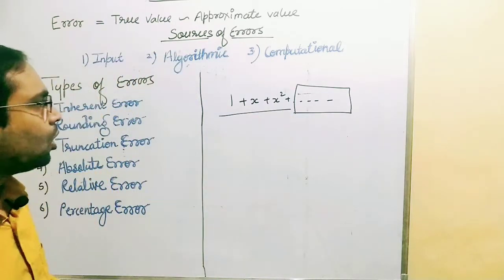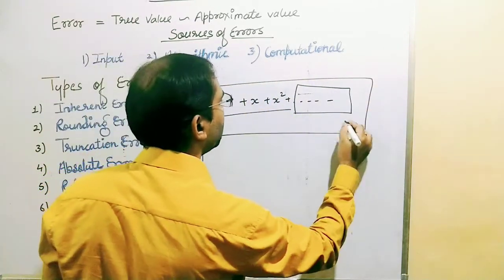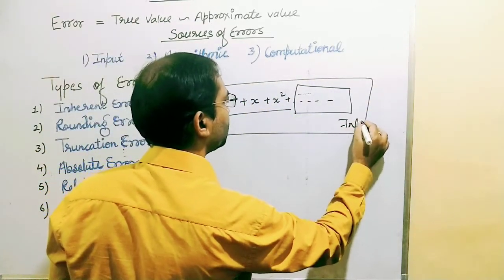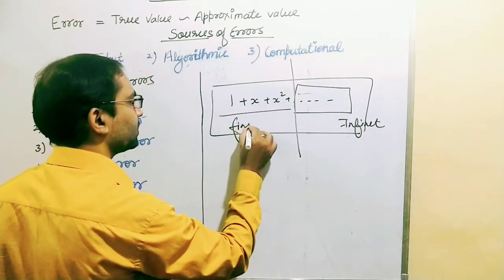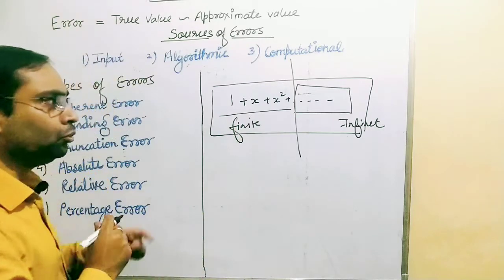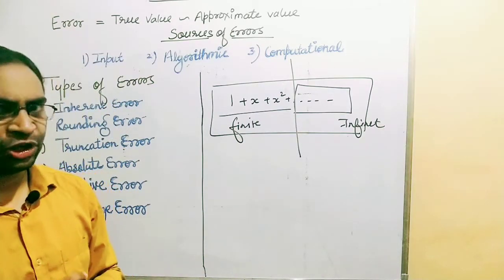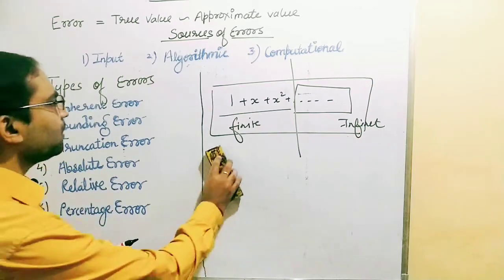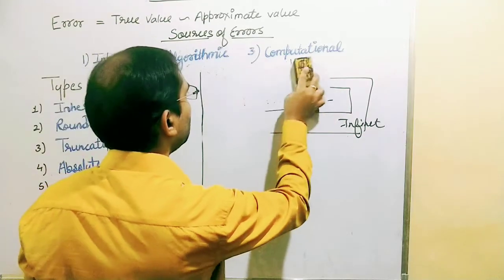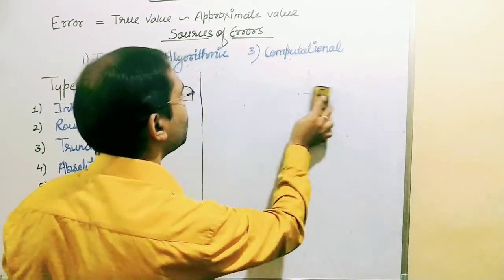So this is called limiting the number of steps from an infinite number of steps to a finite number of steps. Due to this, an error is introduced into the final computation, and such introduced errors are known as algorithmic errors.